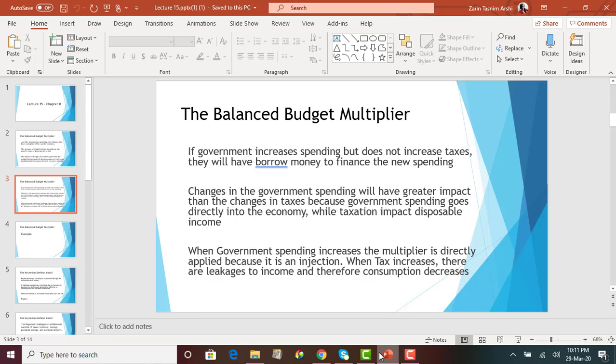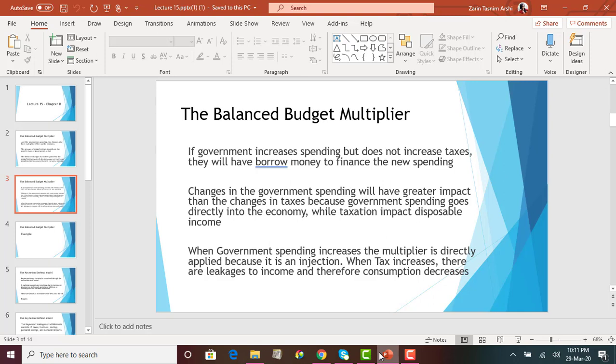This depends on the circumstances. One thing to remember is that when the government is increasing the spending, the magnified impact will be greater than the impact of taxes.